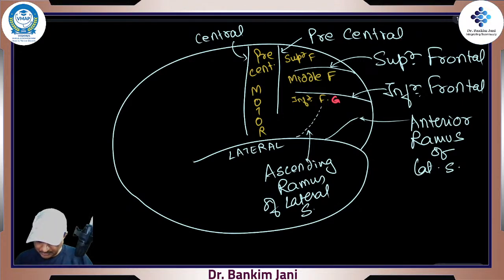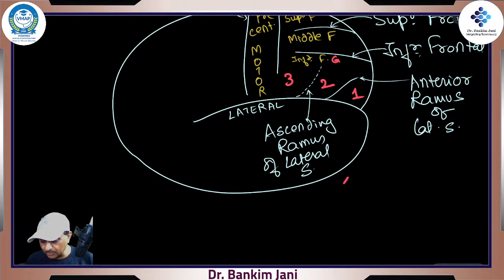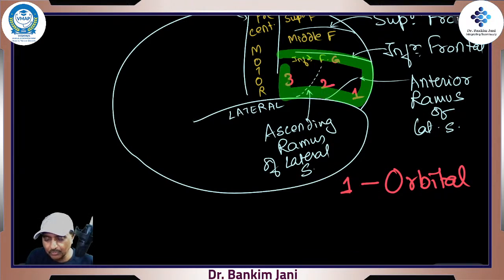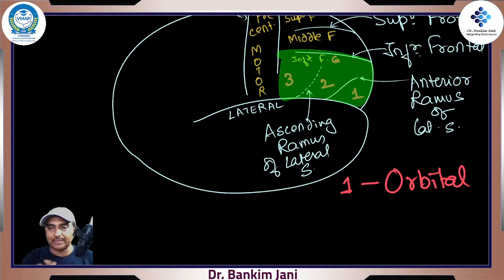Now we'll write 1, 2, and 3. We are talking about only this area now, the inferior frontal gyrus, in which there is 1, 2, 3, formed by the anterior ramus and the ascending ramus of the lateral sulcus. The first is the orbital part.